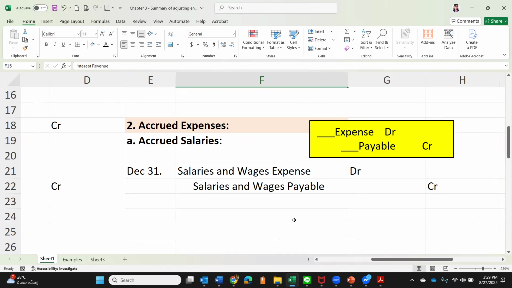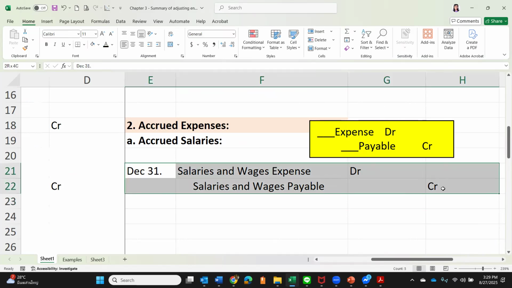All right, now let's look at accrued expenses. Accrued expenses mean expenses already incurred, but we haven't paid the money yet. So we will debit the expense account and credit the payable account. For example, salary and wages expense. If the employees already worked for you, like the example just now for 3 days, and you haven't paid the money yet, we will debit salary and wages expense and credit salary and wages payable.